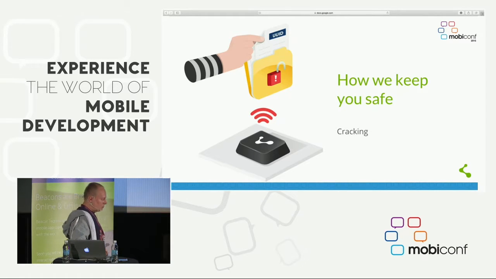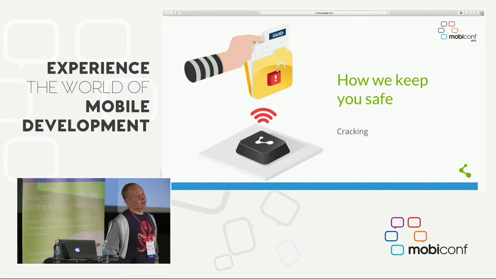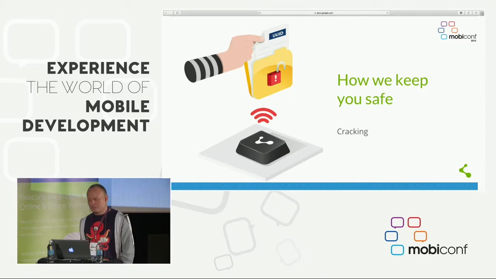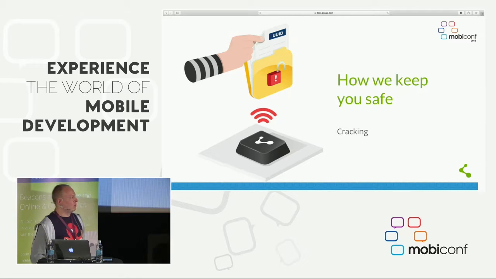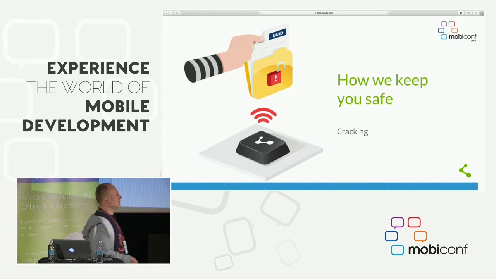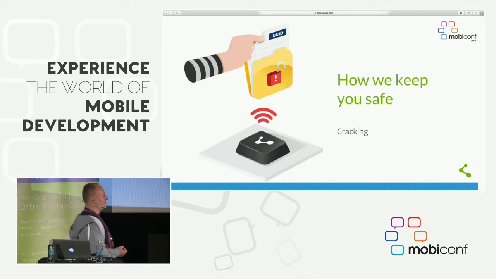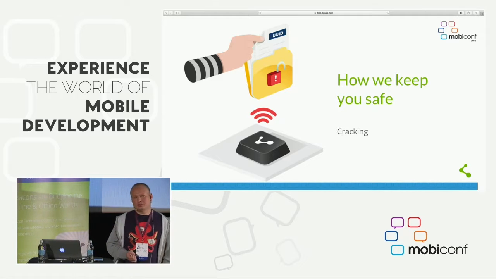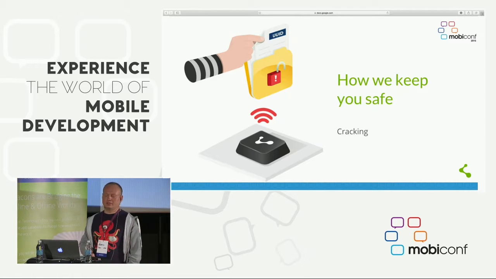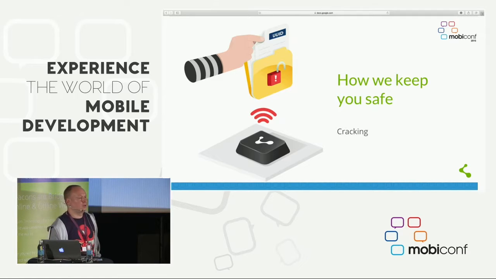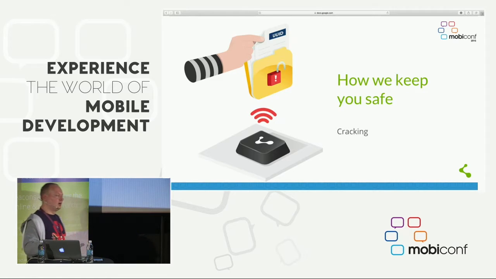How do we protect our devices against cracking? We have two approaches. The first one is to use all the vendor-provided mechanisms like debug lock and similar. The second approach is to encrypt our software. This is not as important in terms of cracking, because software without data is not as valuable.